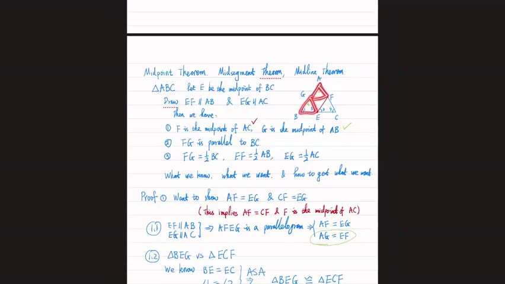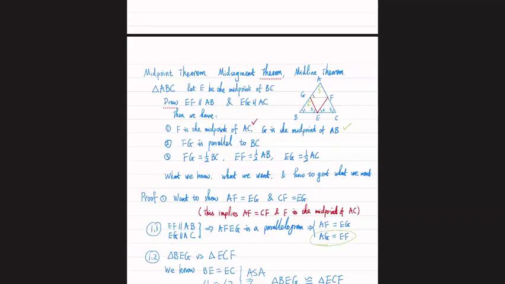They are congruent, so the corresponding angles will have the same measure. Now I will label this angle 7. Aaron, in these two triangles, what's the corresponding angle for angle 7? Angle 1.